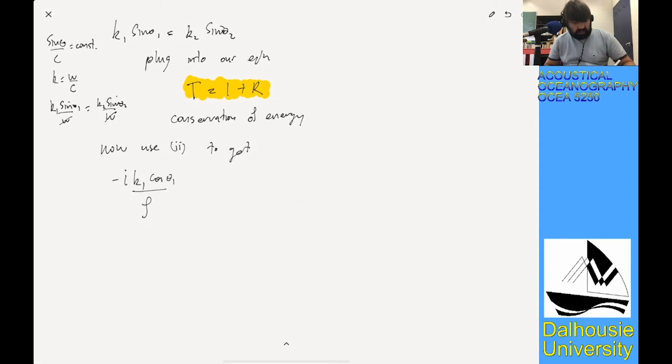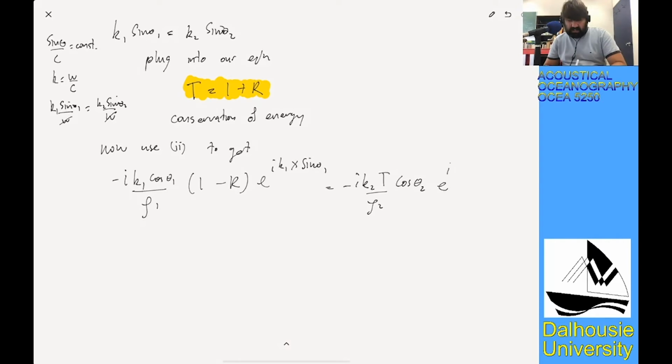So we're just plugging in our P1 and our P2 into boundary condition 2. 1 minus R. We have an e to the I K1x sine theta 1. Then we're going to have a minus I t over rho 2 cos theta 2 e to the I K2 x sine theta 2.